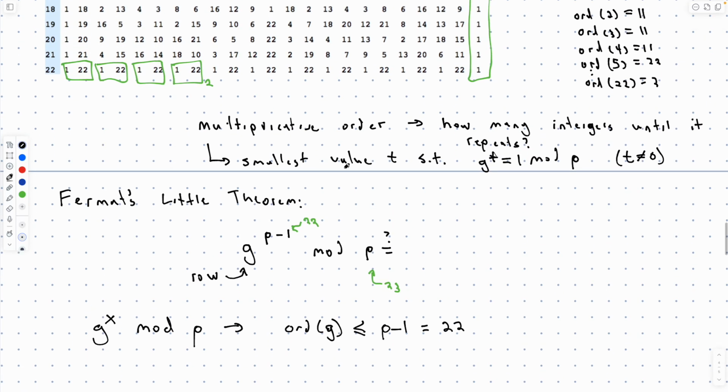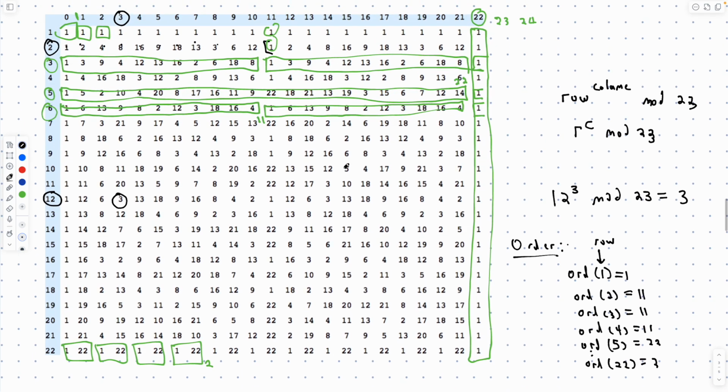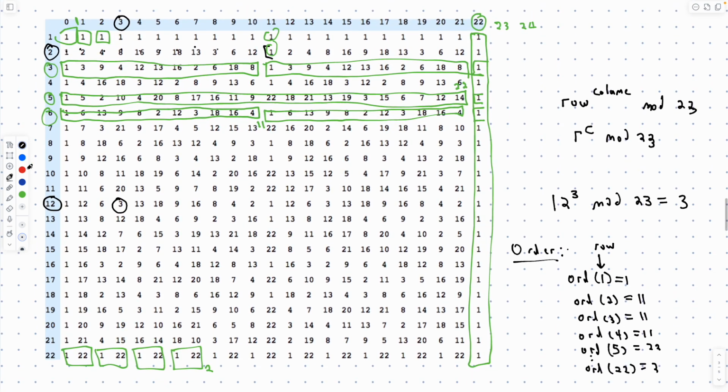At this point, it's maybe worth going through every single number in this table and seeing what the order is. I'll do this in red. What's the order of 1? What's the order of 2? 11. What's the order of 3?